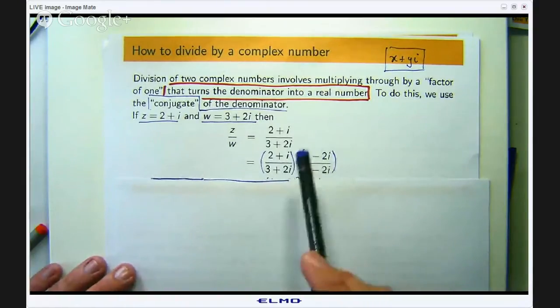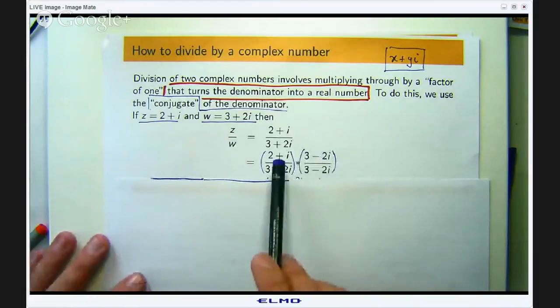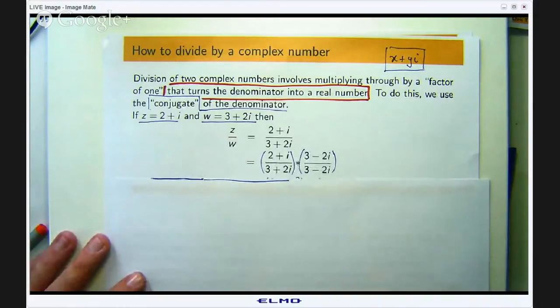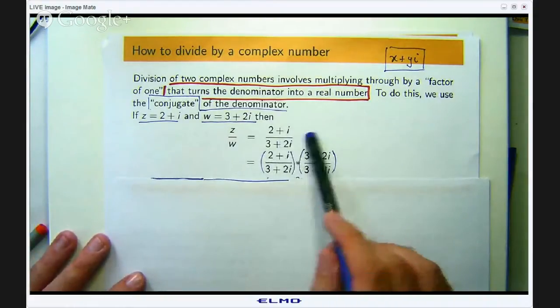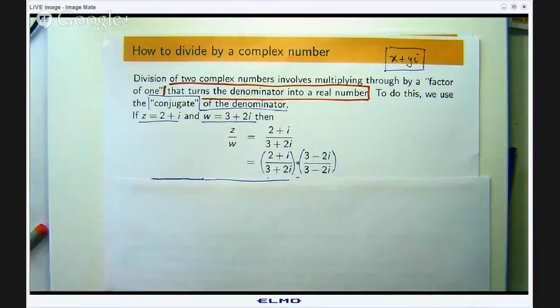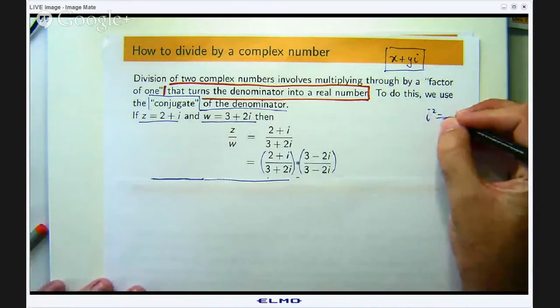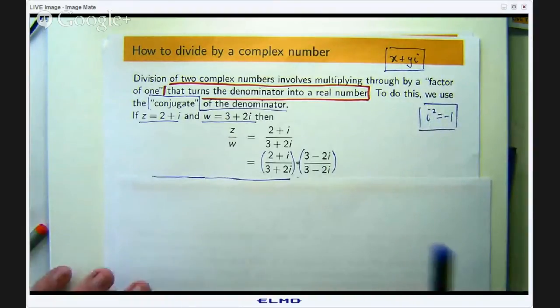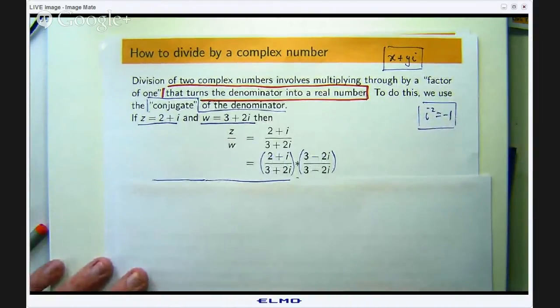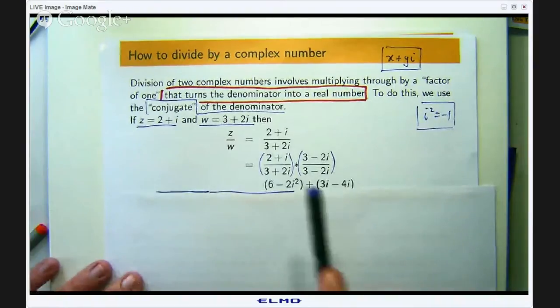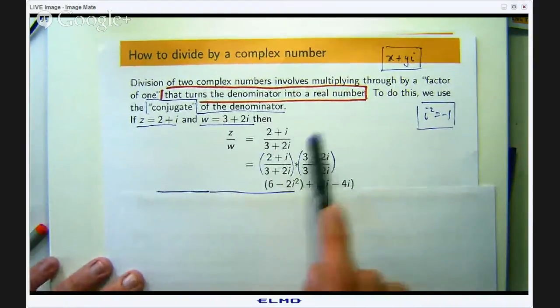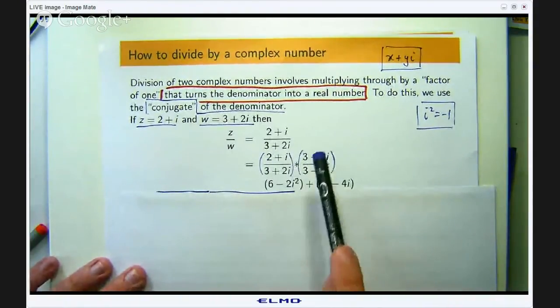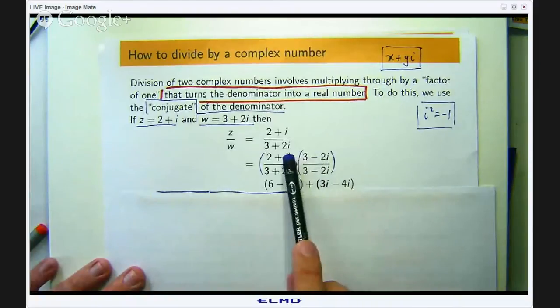Okay, now, in the previous video, I showed you how to multiply complex numbers together. You just distribute in the normal fashion. Remember that i squared equals -1. Okay, so let's work with the numerator first. If I expand the brackets, I'm going to get 2 times 3, which is 6, and if I multiply the i's together, I'll get -2i times i. So that'll give me -2i squared.